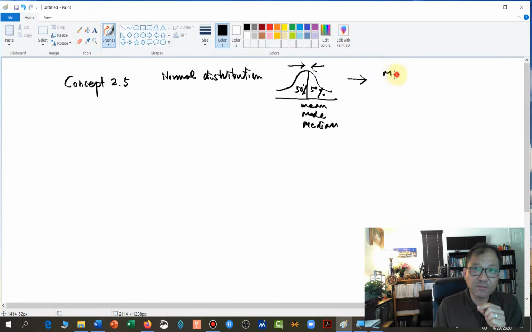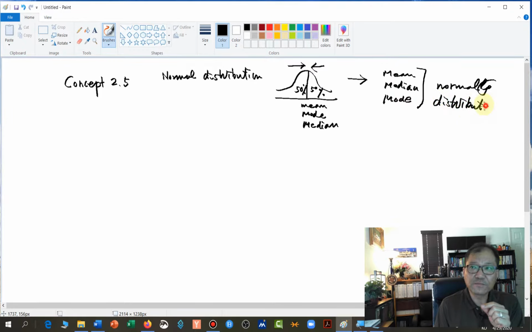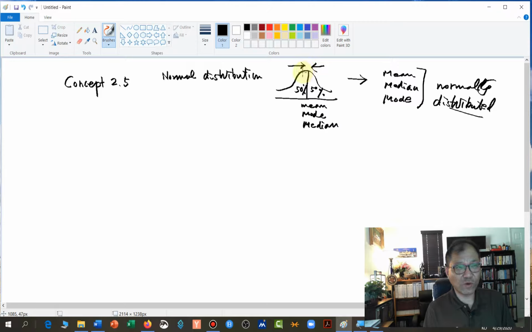That is the mean, median, and mode, when numbers are normally distributed, right? Okay, that is the concept 2.1 to 2.4.